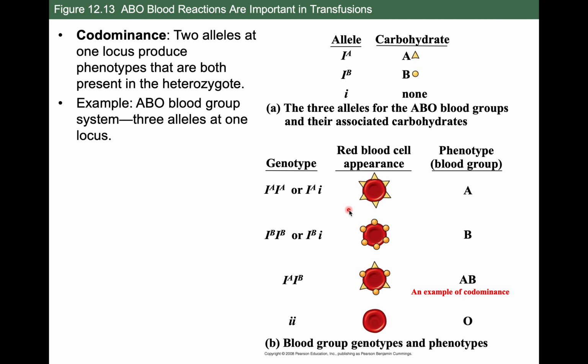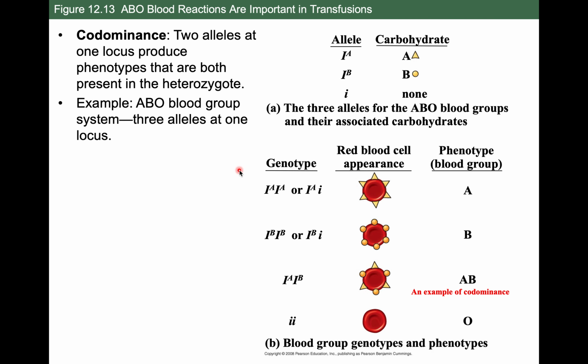So if we wanted to stick with the color analogy, this would be as if you crossed a purple flowered plant with a white flowered plant, and the heterozygous big P, little p have some purple flowers and some white flowers, or flowers that have purple and white splotches on them or something like that, right? You're seeing both of the parental phenotypes. One is not at all dominant over the other. It's not a blending. They're literally equals. They're codominant to each other, you would say.